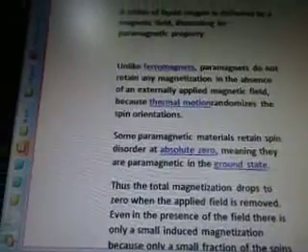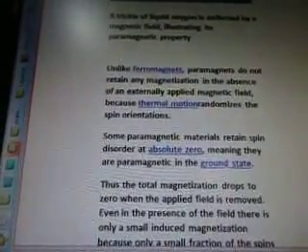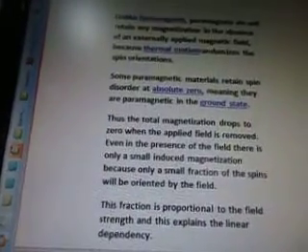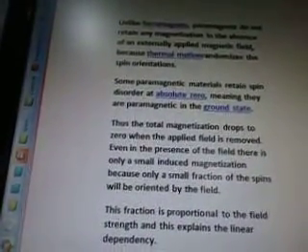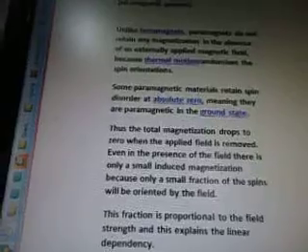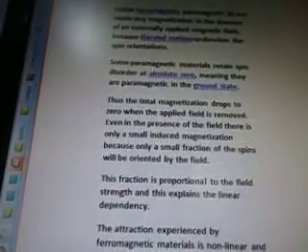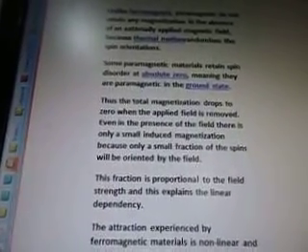Unlike ferromagnets, paramagnets do not retain any magnetization in the absence of an externally applied magnetic field, because thermal motion randomizes the spin orientations. There's the keyword spin and thermal motion. Some paramagnetic materials retain spin disorder at absolute zero, meaning they are paramagnetic in the ground state. Thus, the total magnetization drops to zero when the applied field is removed.